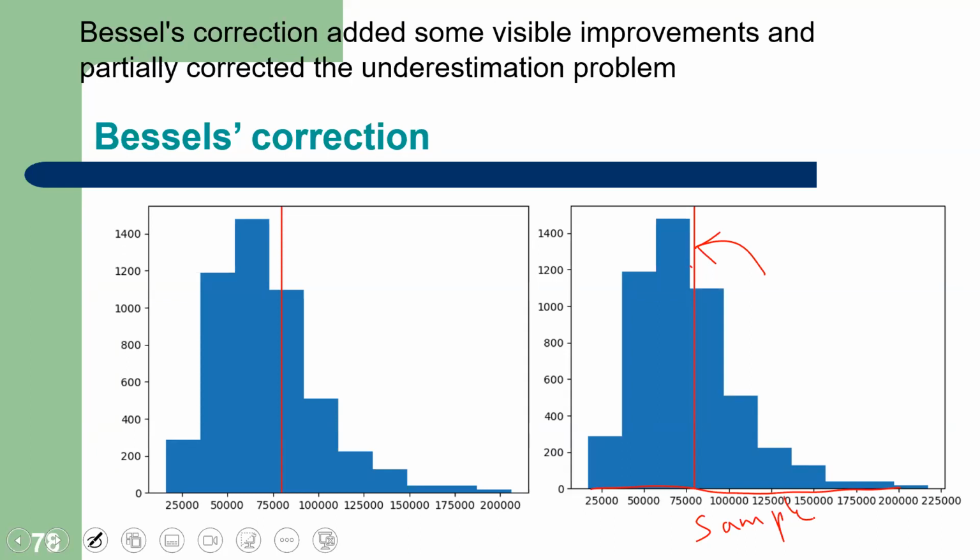I expect that in reality this should fall here in the center. We cannot be fully accurate, but we still want to improve this. This is an estimate, and our sample statistics should get estimated towards this population parameter.